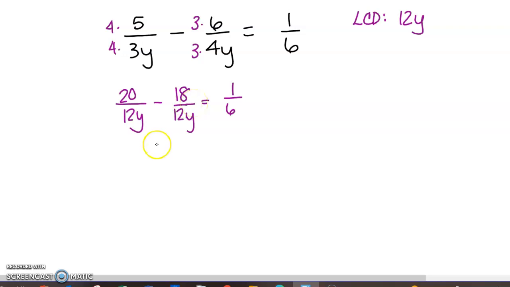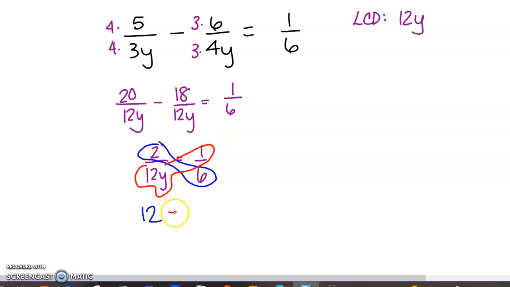So now when you combine these, you have 2 over 12y equals 1 over 6. And then we could use what we did the other day with cross multiplying. 2 times 6 is 12. 12y times 1 is 12y. And then divide both sides by 12. And y would equal 1.